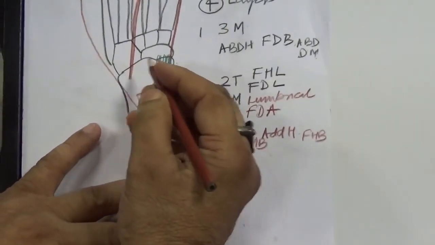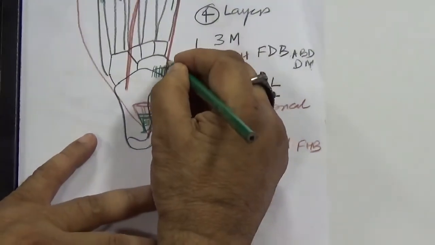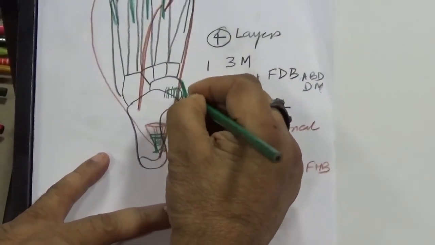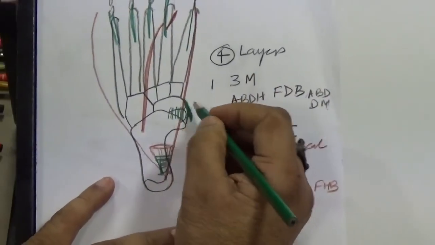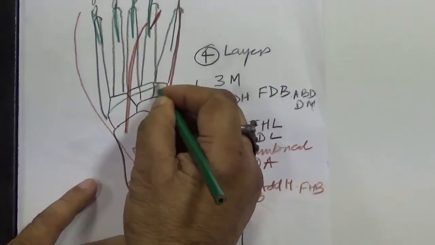The 2 tendons are tibialis posterior, attached here to the navicular head and all tarsals except the talus, and the second is peroneus longus.